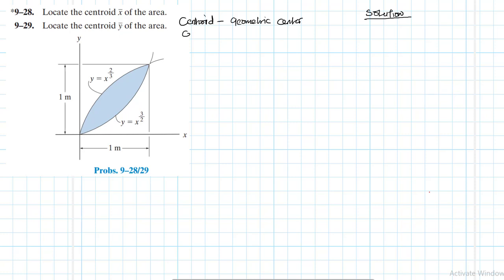So we have what is called centroid of a line, centroid of an area, centroid of a volume. All right.